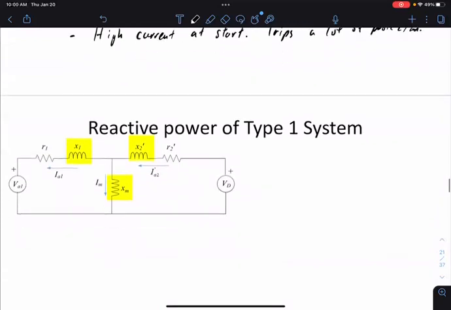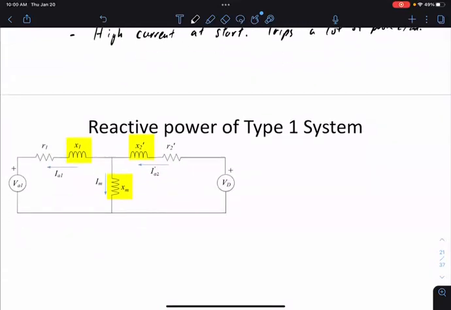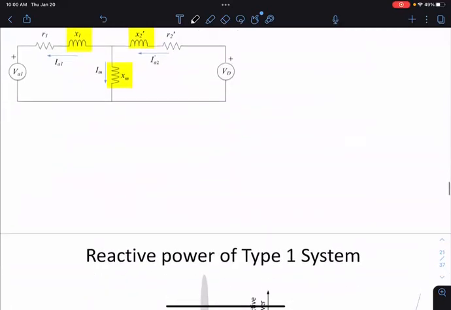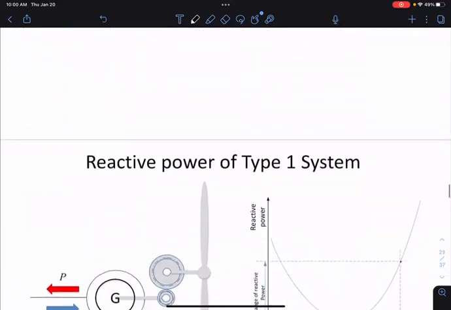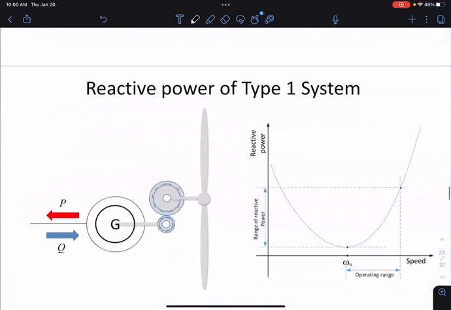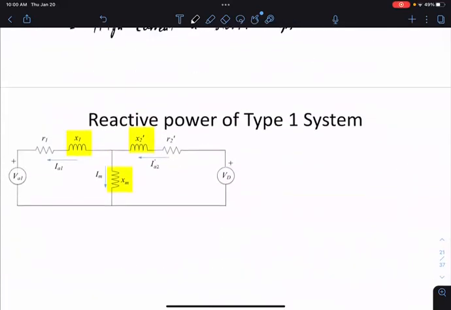So the reactive power is perhaps the easiest thing to look at. All of these are inductors, so there's no capacitive element anywhere in this circuit.